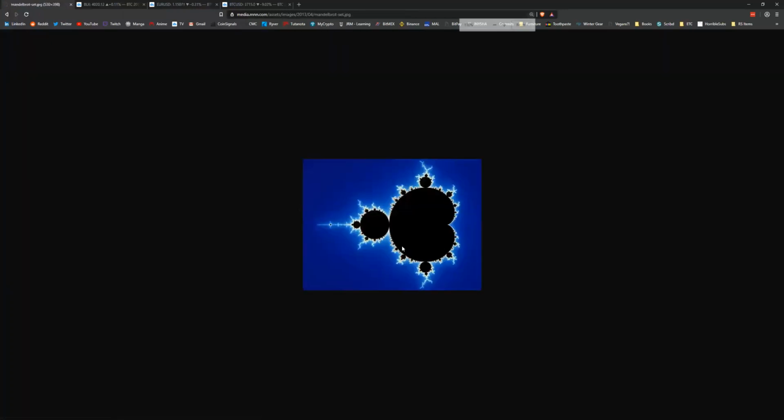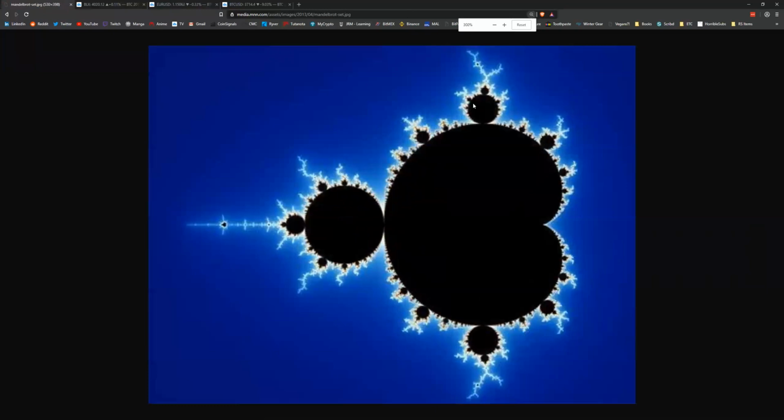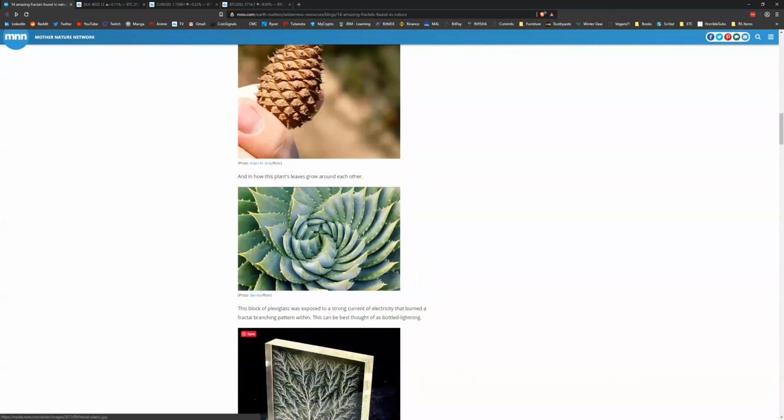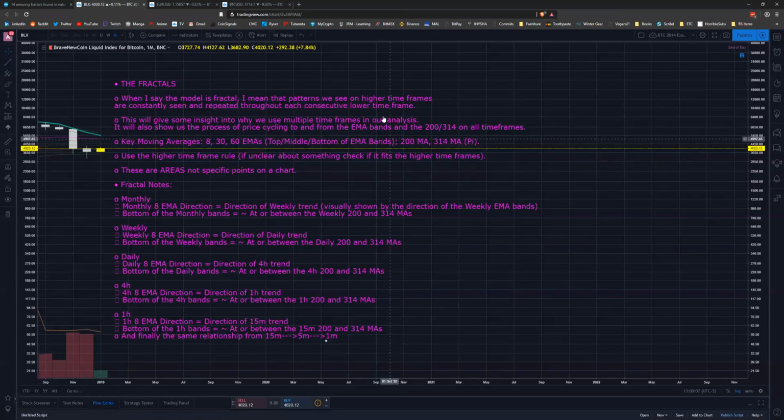You'll have one overwhelming pattern, and then you'll see the same pattern inside of this pattern, and then inside of this pattern, there's the same pattern again, and inside of that pattern, really small, you can see the same pattern again, and so on, infinitely and forever. That's the exact same thing with this model. Everything we see on the higher time frames is just going to be repeated on lower time frames.